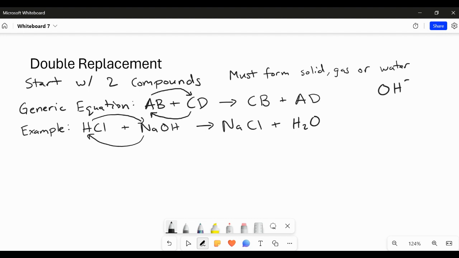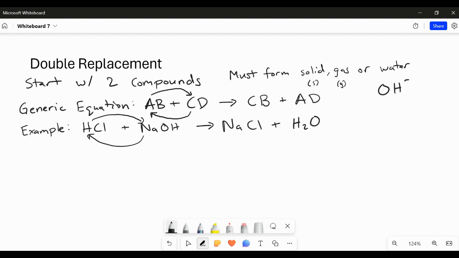Double replacement reactions must form a solid, a gas, or water. So you might see a solid marked with a little S like this, gas marked with a little G like this, or water if you see H2O.